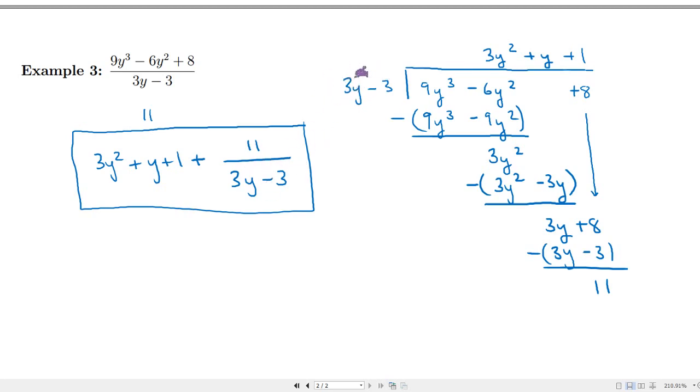And since I'm dividing by a degree 1 linear factor, I know that that remainder would have to be a constant. If you were dividing by a squared term, then the remainder could actually be constant or linear. Okay, and it's just something that takes practice, and after you do enough of these, you'll get used to this pattern.